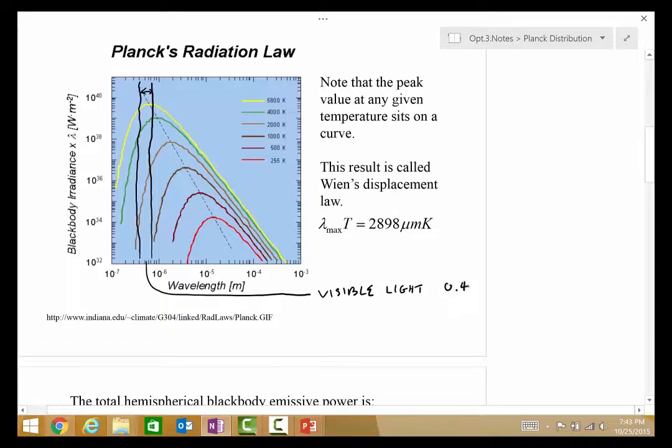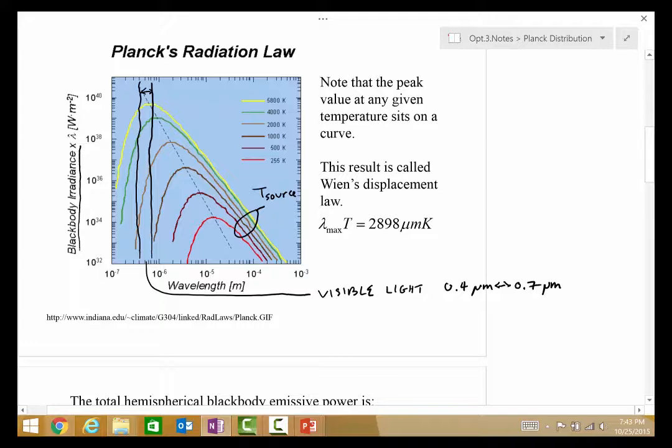So it's 0.4 micrometer to 0.7 micrometer. We see that this corresponds. What we're showing here are different temperature sources. This is T source, and for a particular T source, this is the emission from it.